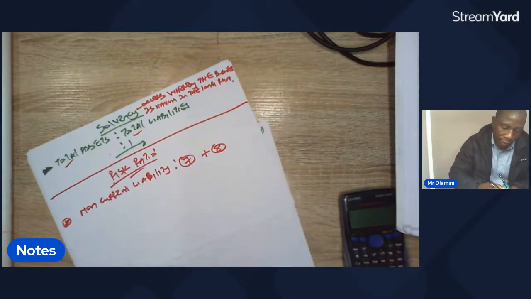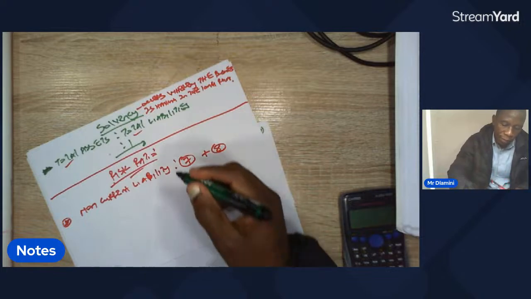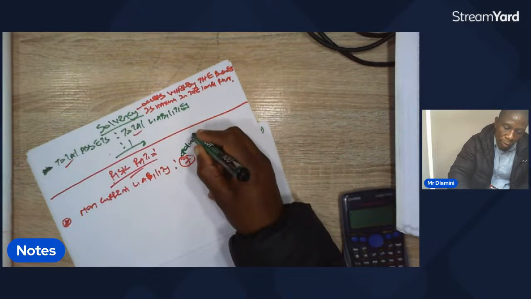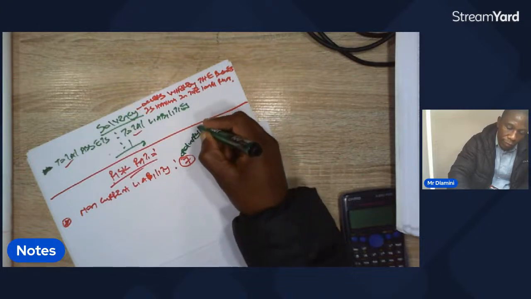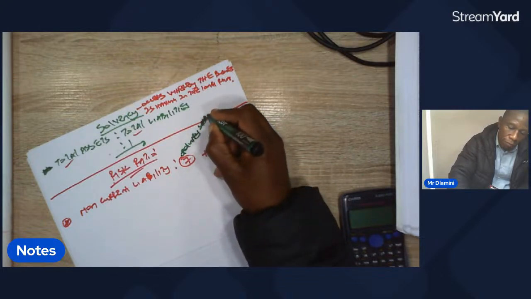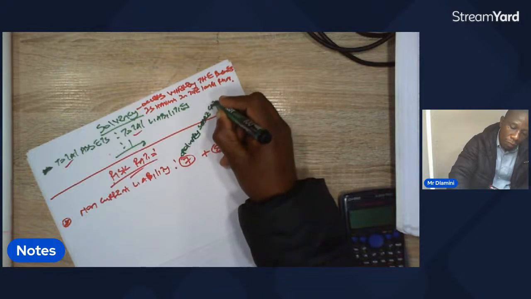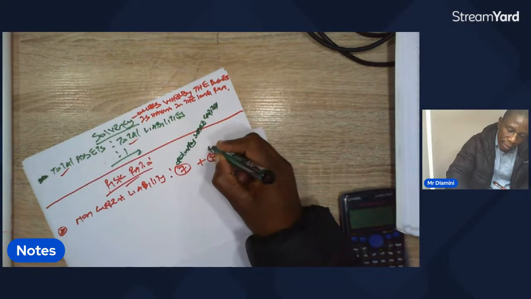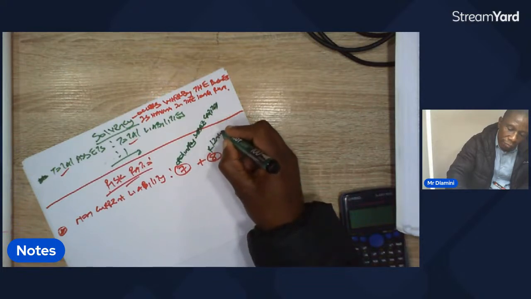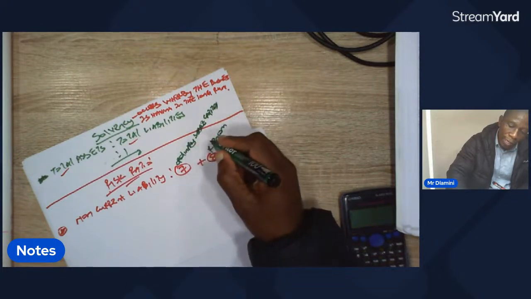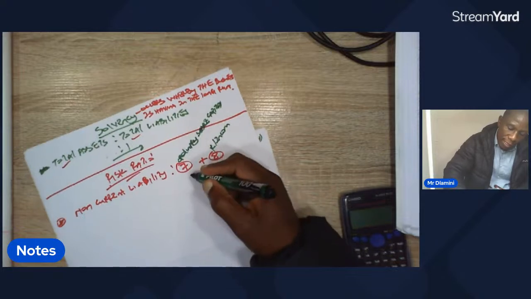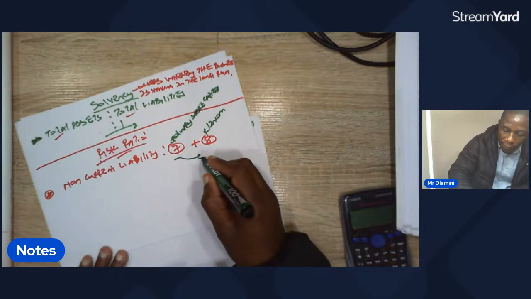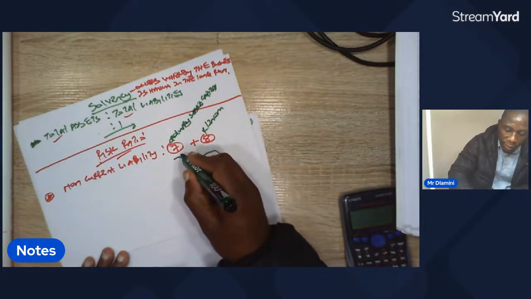What is note number 7? Grade 12, remember last week we learned that. This is ordinary share capital. Note 8 is retained income. When you add these two together, it gives shareholders' equity.